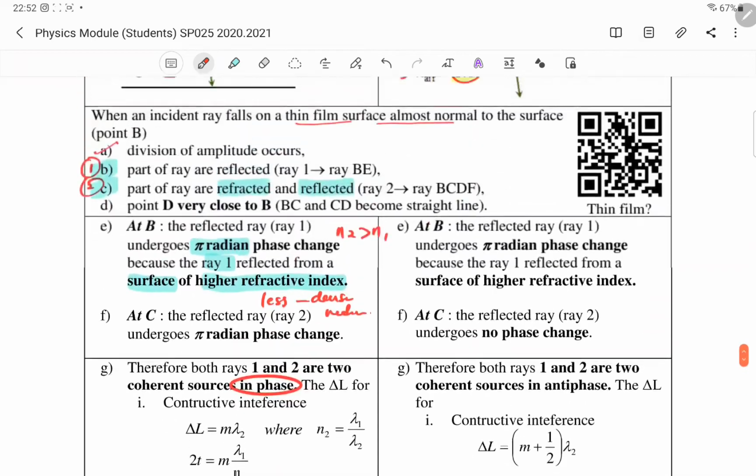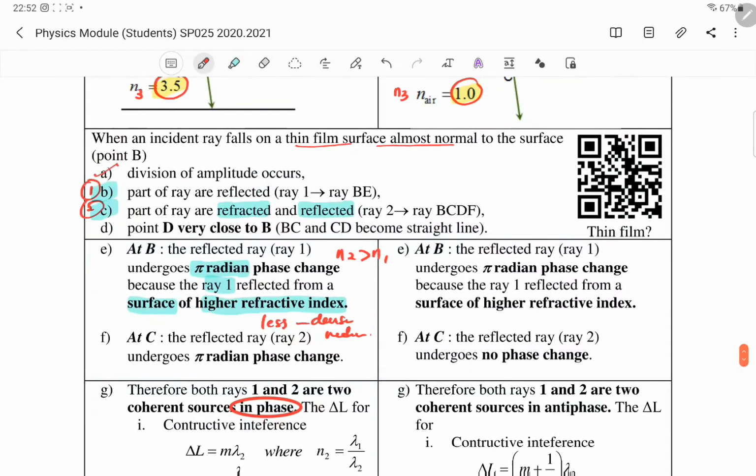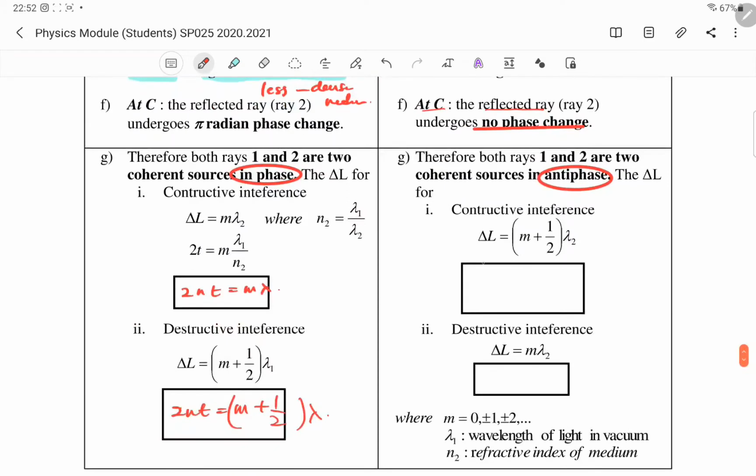Yang ni pula satu lagi. At B dia ada phase change, tapi dekat C ni the reflected ray undergoes no phase change. So kita namakan dia sebagai anti-phase. Untuk anti-phase, constructive interference 2nt sama dengan m plus half lambda, and for the destructive interference 2nt sama dengan m lambda.